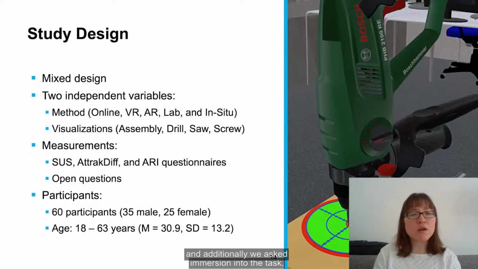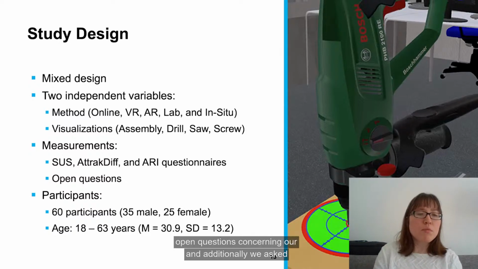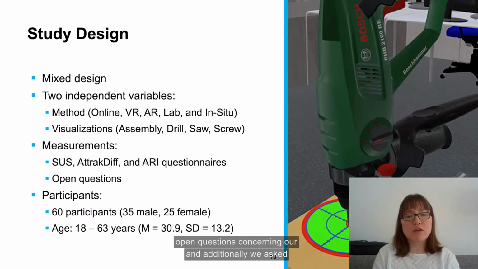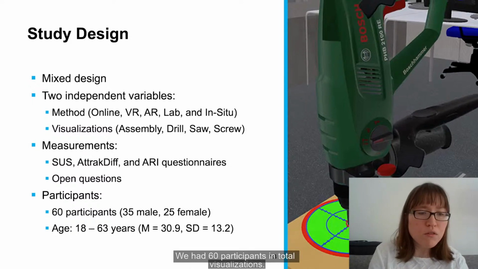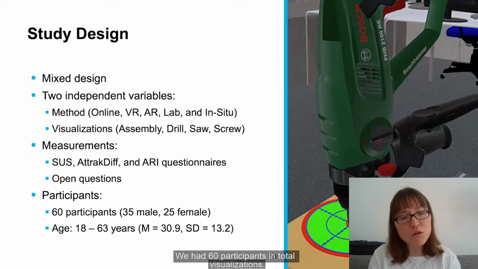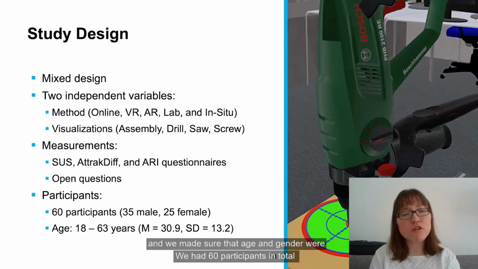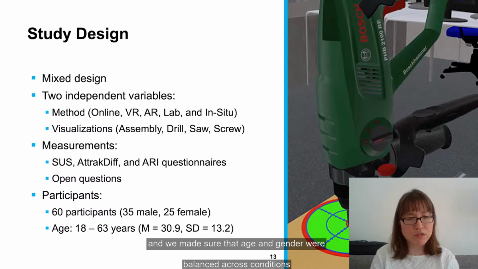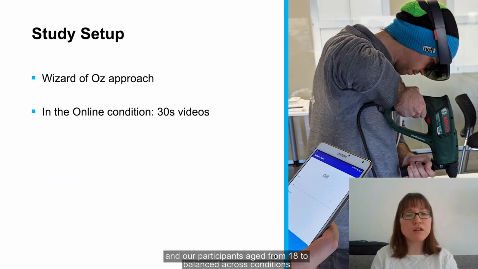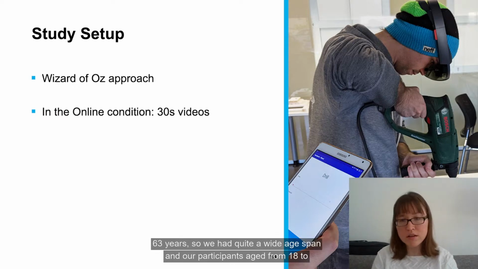And additionally, we asked open questions concerning our visualizations. We had 60 participants in total, and we made sure that age and gender were balanced across conditions, and our participants aged from 18 to 63 years. So we had quite a wide age span.